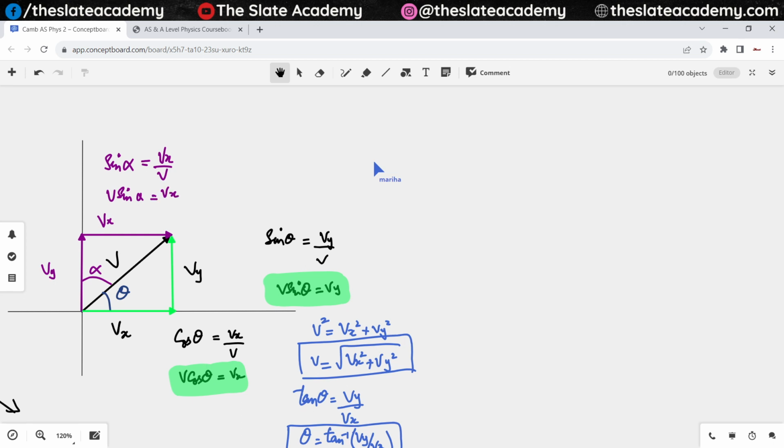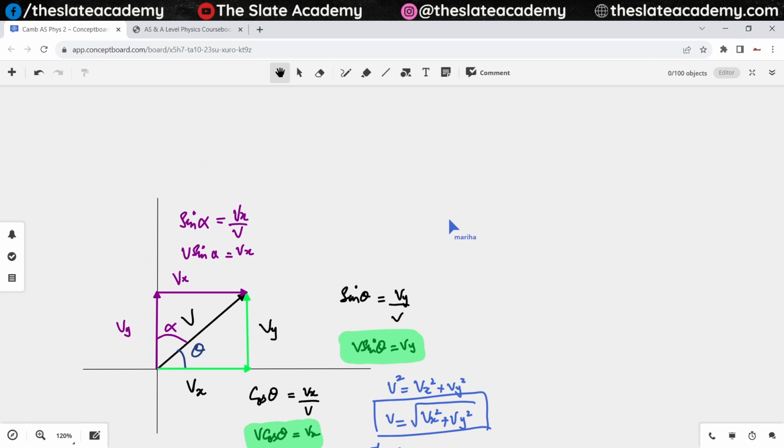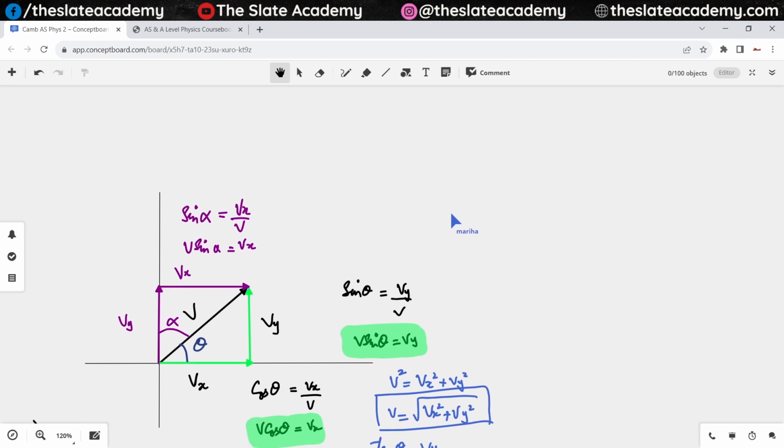And similarly, for cos alpha, it is equal to adjacent by hypotenuse. Adjacent is Vy and hypotenuse is V. So V cos alpha is equal to Vy.